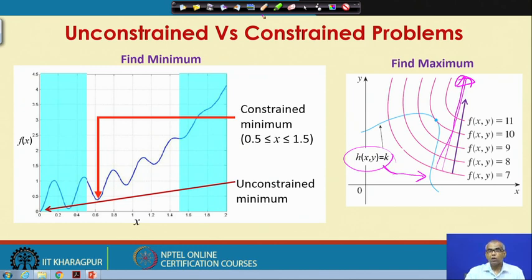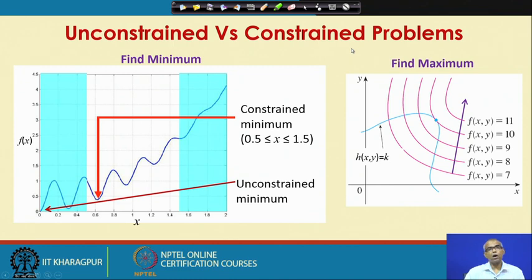But because of the presence of this constraint, I cannot consider this as the optimum, but this is the point which is the optimum. This is how the presence of a constraint will restrict the decision variables and influence the minimum or maximum value of the objective function.